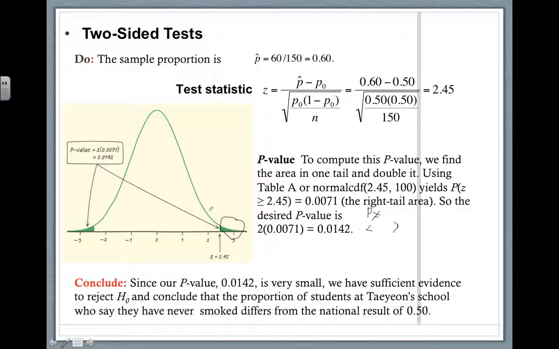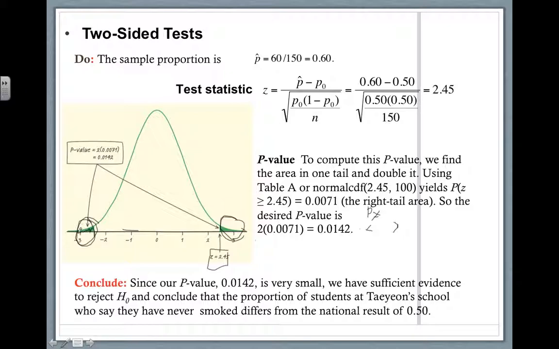So you're looking at two parts of the graph here. Okay, your z-score, though, your test statistic, that's only going to get you one of them, okay? Which means you have to find the probability that it would be 2.45, and then you'd have to multiply it by 2 because that occurs on two sides of the curve.